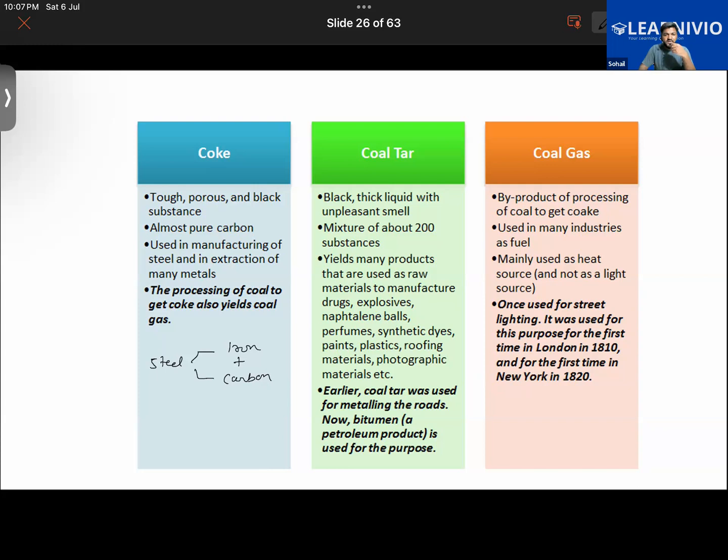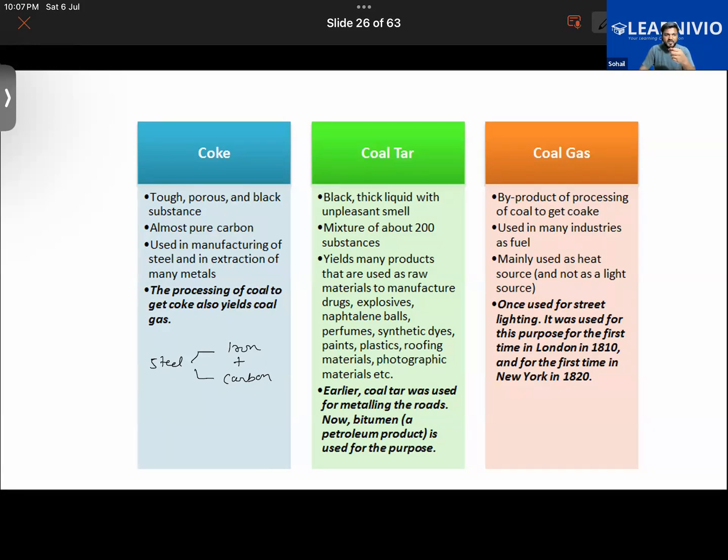Or, for example, it is used to make naphthalene balls. You would have seen or used naphthalene balls in the house to kill moths. Earlier, to keep their clothes safe from insects, people would keep these in the clothes.